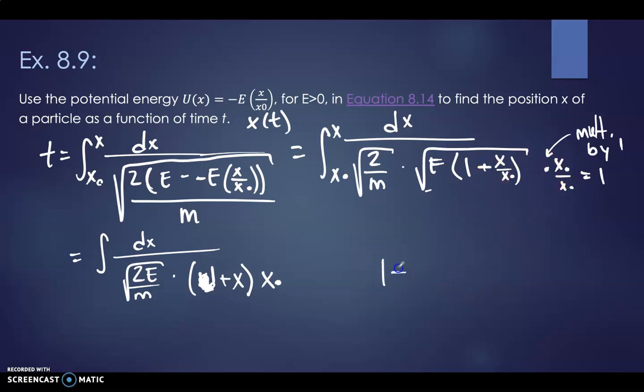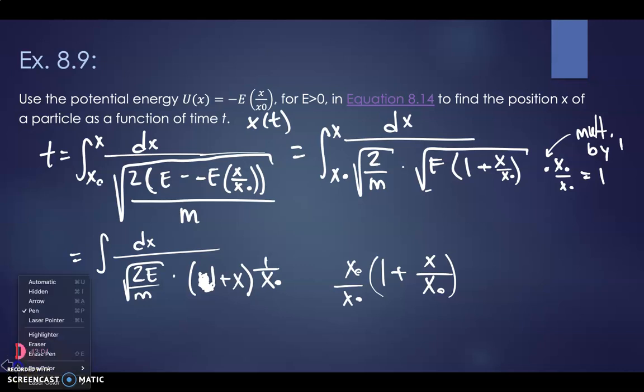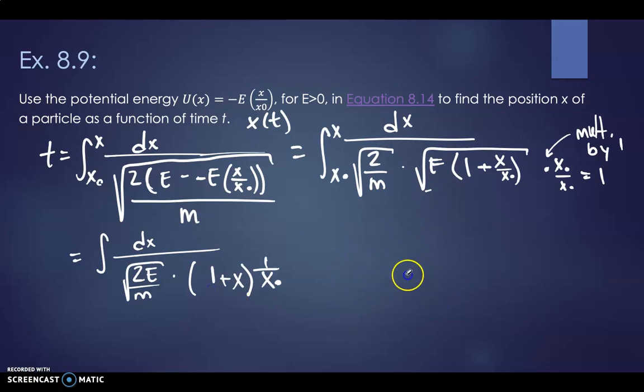Hold on, give me a second. I'm sorry. 1 plus x over x naught, multiplied by x naught over x naught. Right. That's right. Okay. Sorry, that took me a second there. Okay. So yes, we are multiplying by x naught over x naught. And so we are left with this here.